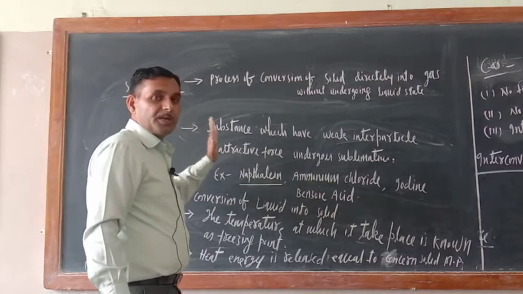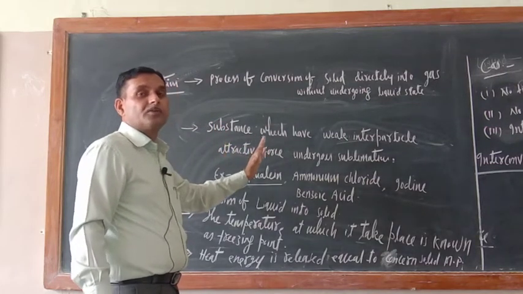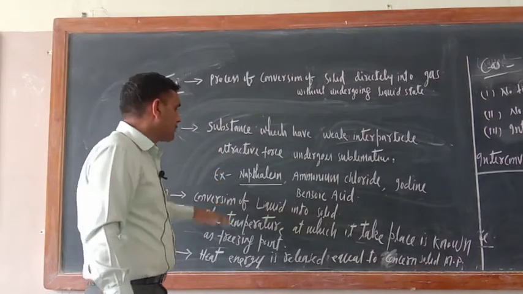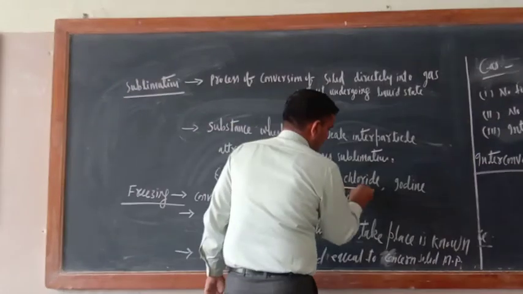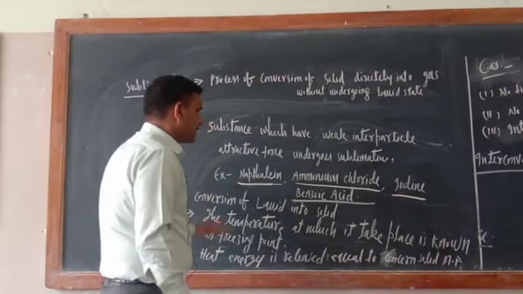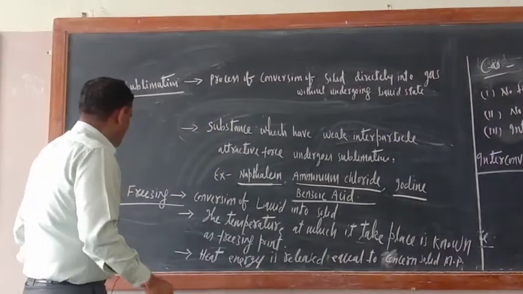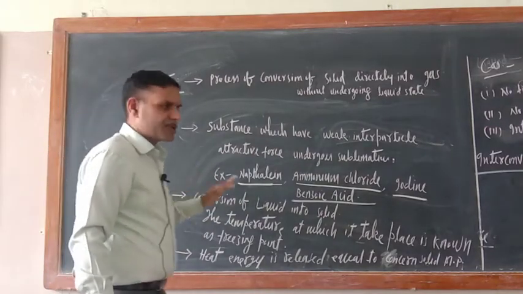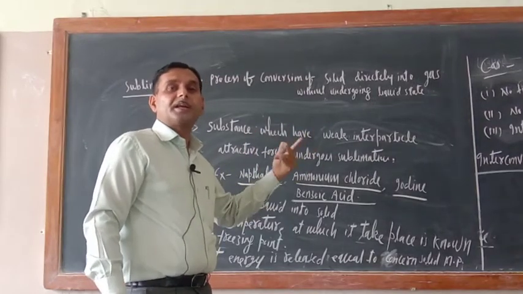So if their interparticle attractive force is very weak, then only they will undergo sublimation. What kind of substances? Examples are also written here: naphthalene, ammonium chloride, iodine and benzoic acid. These are the substances which undergo sublimation. What is the next one? Next one is freezing. So just see, the conversion of solid into liquid is known as melting.